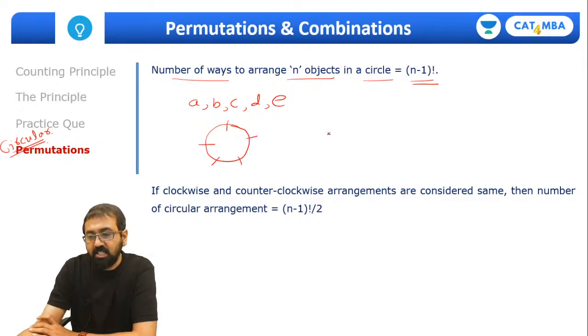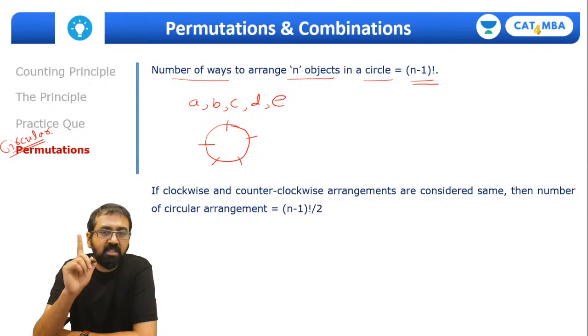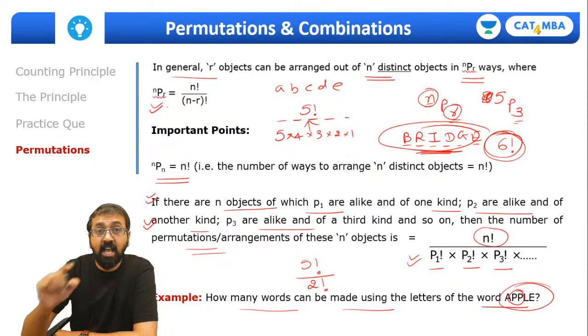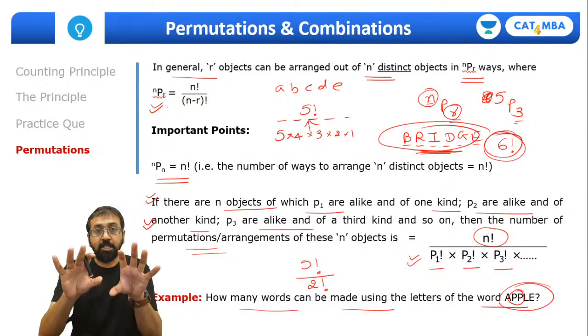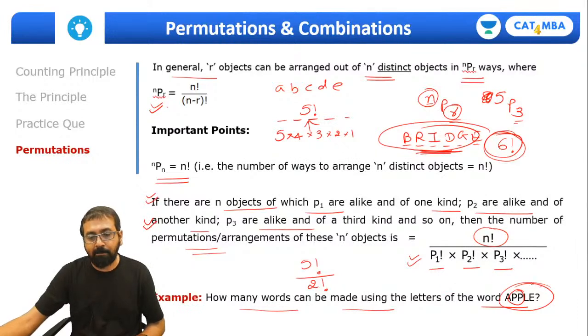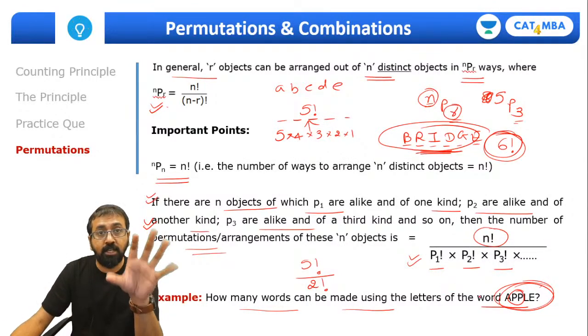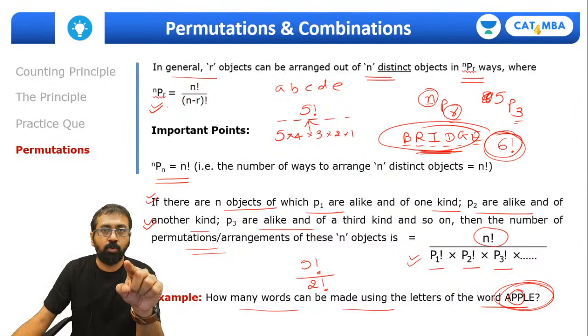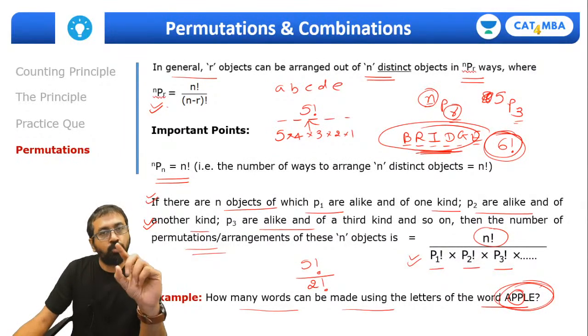Robin, your question is if one can reuse the letter. Please understand, guys, remember this point: when I give you a question like how many words can be made using the letters of the word bridge, that means we need to use only those letters. Or using the letters of the word apple, that means we need to shuffle only those letters of that word. If there is only one A in apple, you need to use just one A in the words that you are creating.